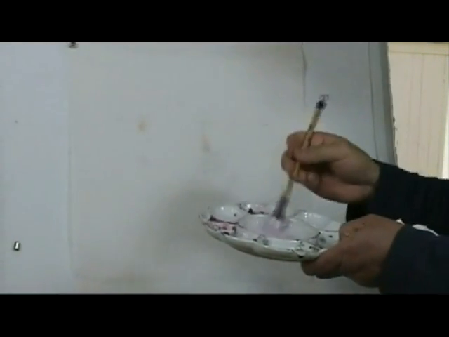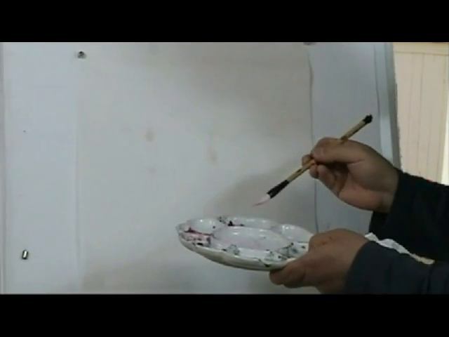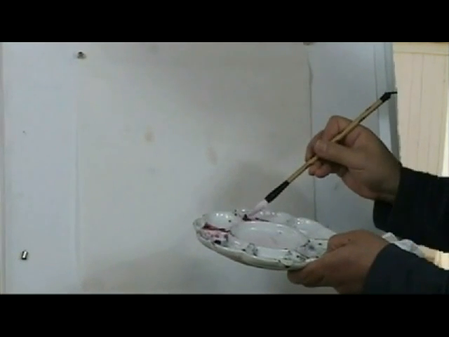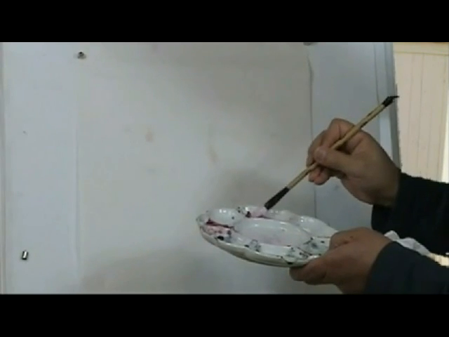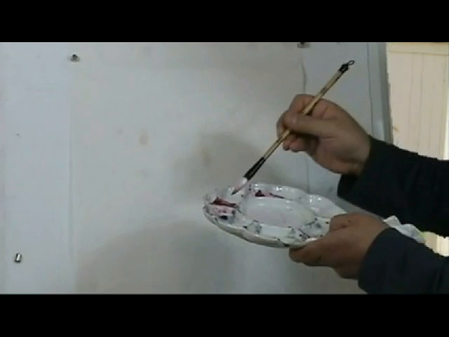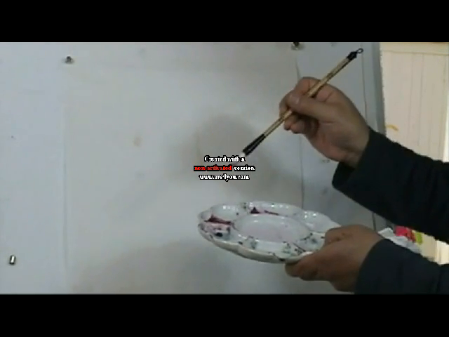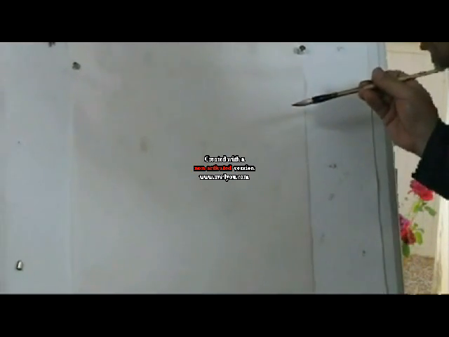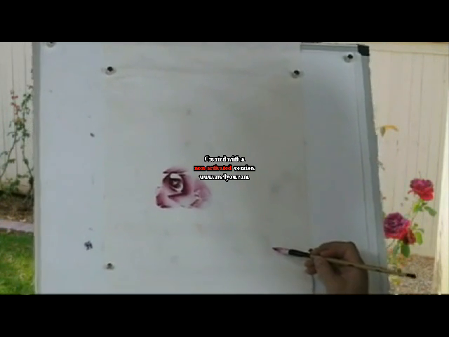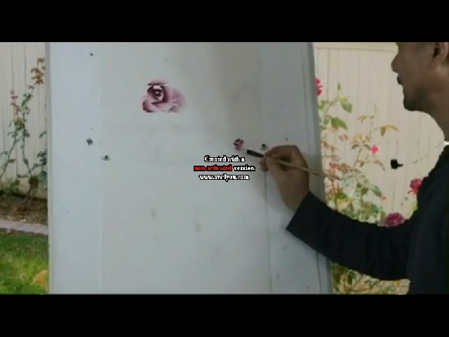A little white, some glue water to get the light pink, and a little. This one will be lighter, so I use less rose color, and again some rouge a little bit to the front. Let's change the perspective a little bit.